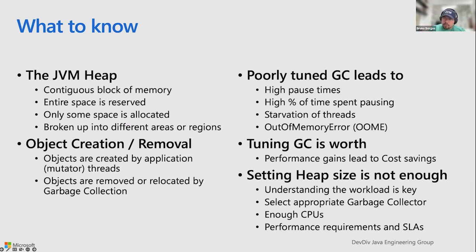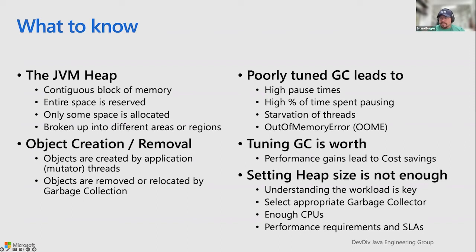So if you can tune the JVM properly, you can reduce the spending on infrastructure in the cloud, and that definitely gives you not only better performance, or perhaps equal performance at lower cost. But the ideal scenario is that you can actually hit a better performance at a lower cost by tuning your application properly.